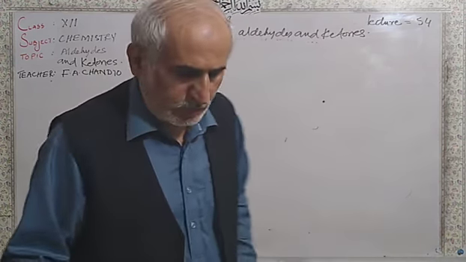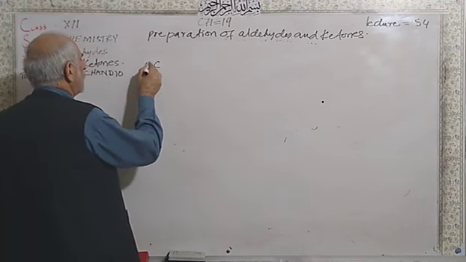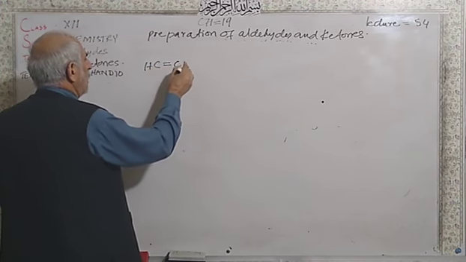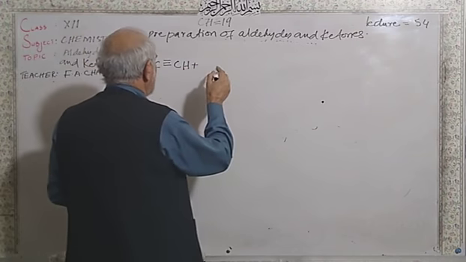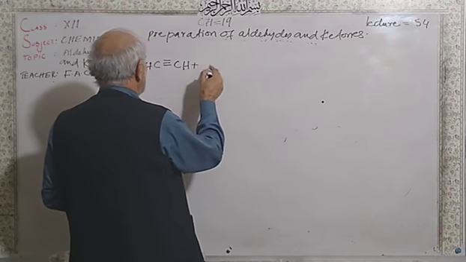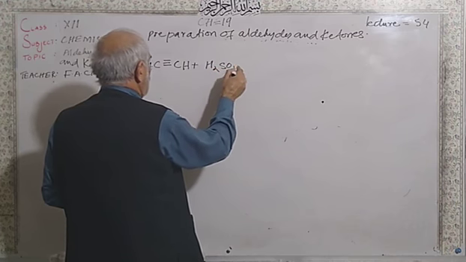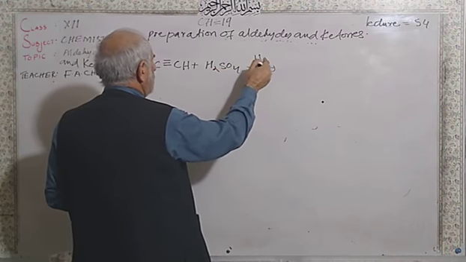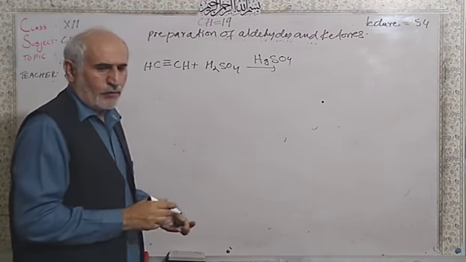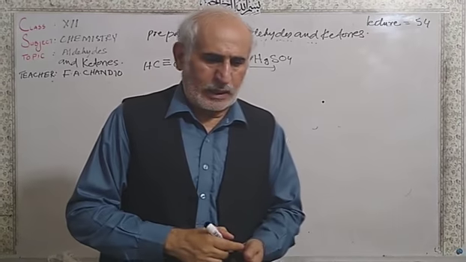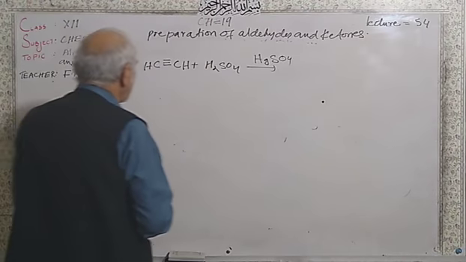So if you are using alkynes and sulfuric acid, with mercury sulfate as a catalyst, the sulfuric acid should be dilute in nature.